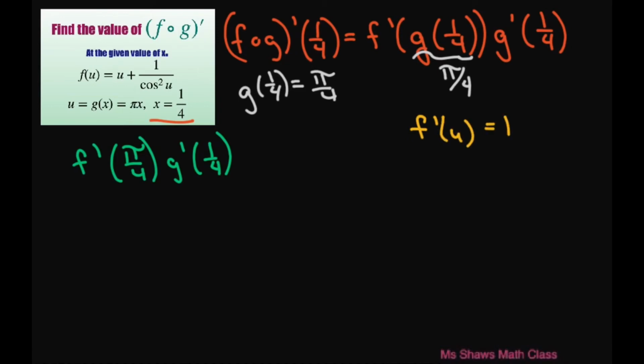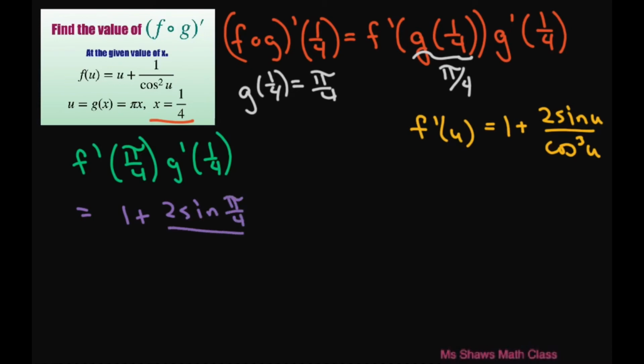That was 1 plus 2 sine of u divided by cosine cubed u. So substituting in, this is going to give us 1 plus 2 sine of pi divided by 4, divided by cosine cubed of pi divided by 4.